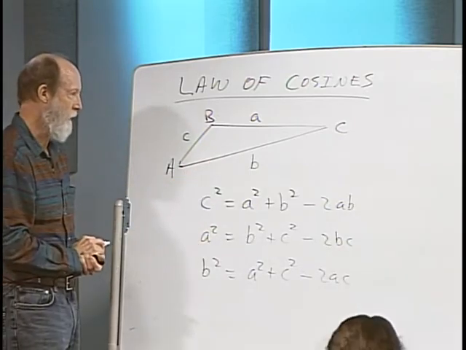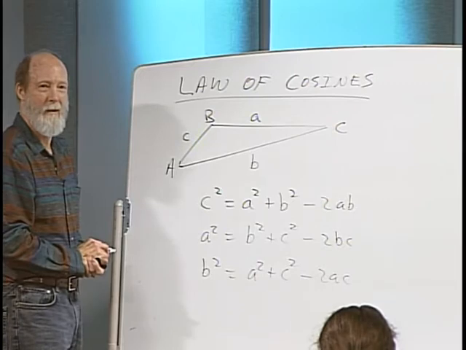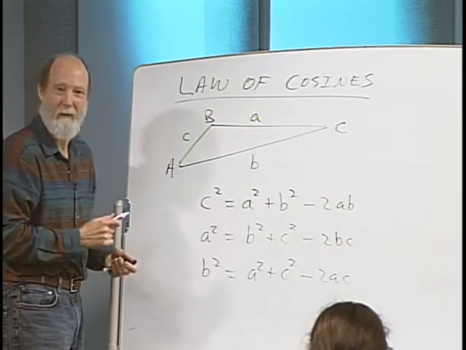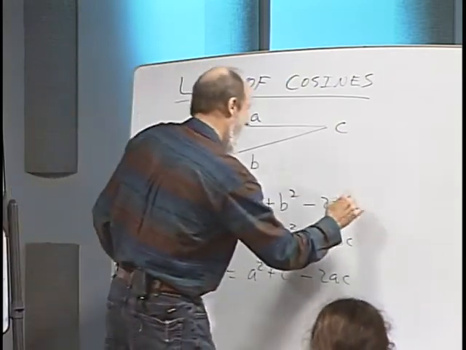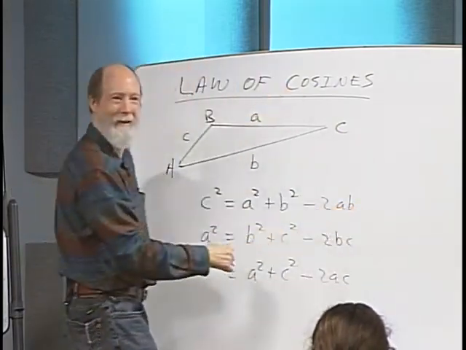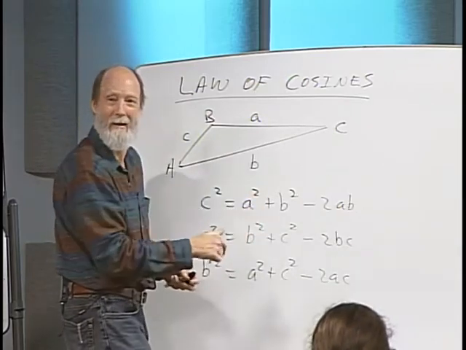Oops, I forgot something. Otherwise, the professors could get after me, okay? I need to tag on here: why do we call this the law of cosines? There better be a cosine in here, okay?